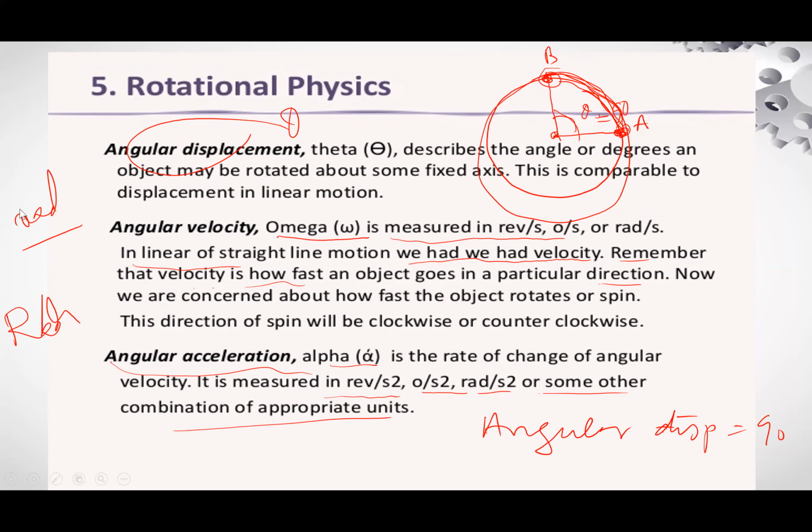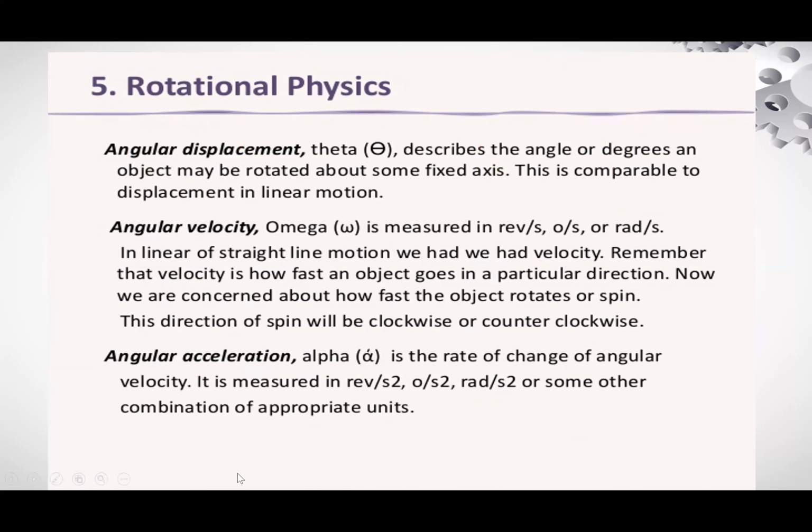And 1 radian will be equal to, this is a circle. This is the radius. This is point B, this is point A. If the arc length is equal to the radius of the circle, then this angle is supposed to be 1 radian.